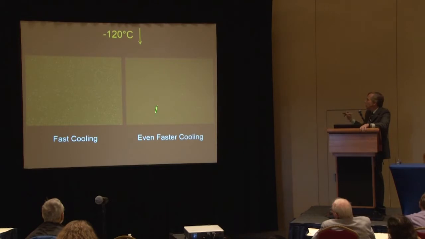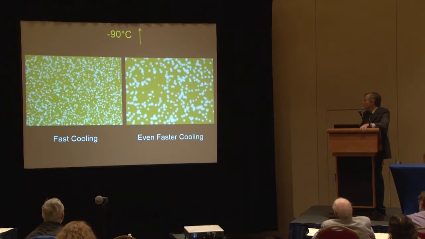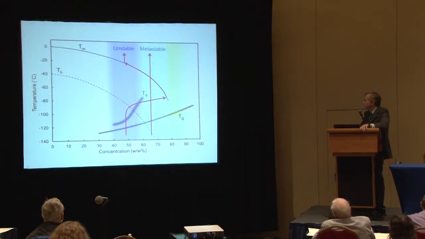And if you cool too fast, you'll only sparsely nucleate your solution. And then when you rewarm, your devitrification is going to lead to larger ice crystals during the devitrification event because you don't have as many nuclei, and you're going to have to rewarm even faster to avoid growth of these to a lethal size during recrystallization.